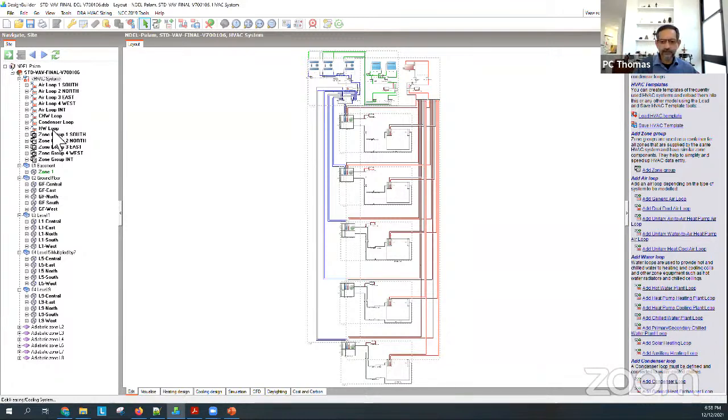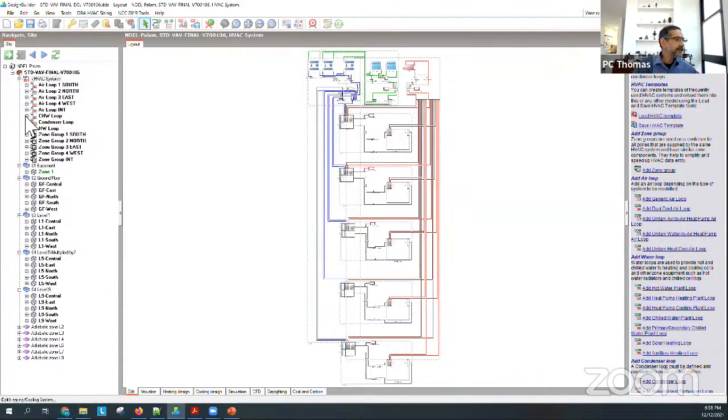Here's a hot water loop. There are 1, 2, 3, 4, 5 central air handling units or air loops. And for each of the AHUs, there is a zone group. Okay. So if I look first at the chilled water loop, that's over here.